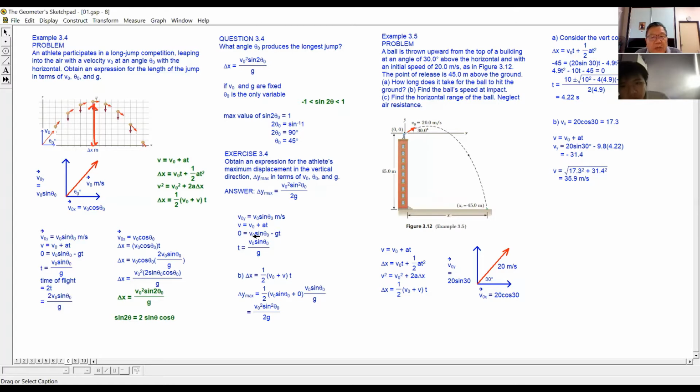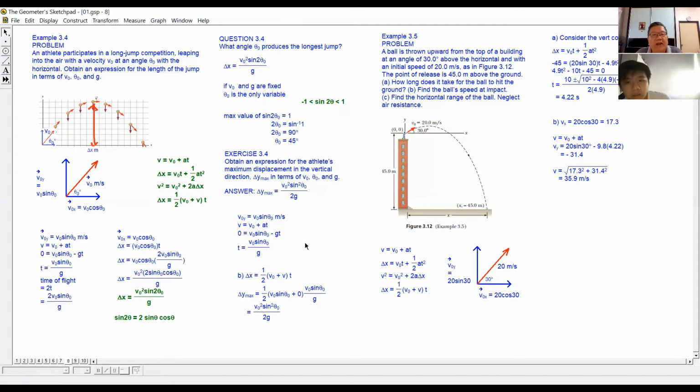The initial component of the vertical velocity is v naught sine theta naught, then minus gt, as the acceleration is negative g. From here, t equals v naught sine theta naught divided by g. This is the time taken to reach the maximum height.